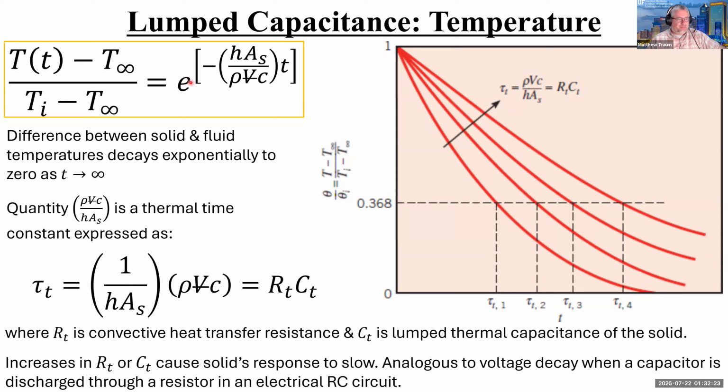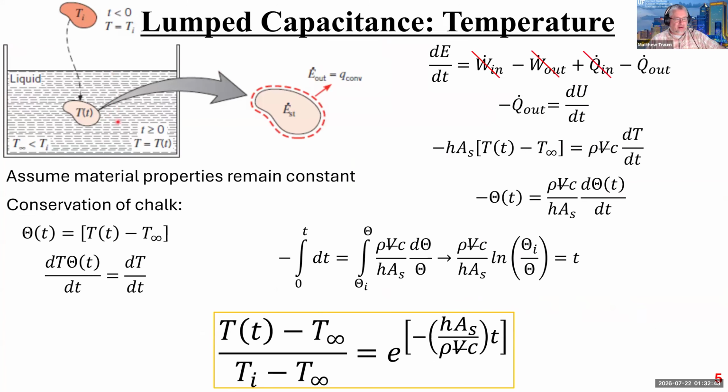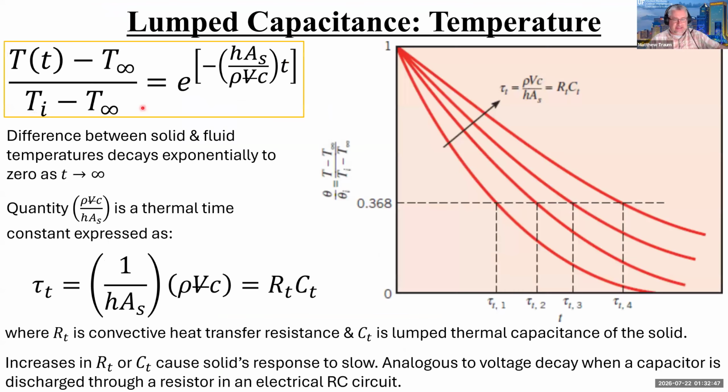So this guy comes over here and gets multiplied by 0. And then what you end up with is that T at some infinite time is basically equal to T infinity, right? Okay. Whew. Saved myself from a disaster there. So that works out fine. That's what you would expect if you have this object in this water bath for a really long time. Eventually it's going to reach the temperature of the water bath, which is exactly what the math says here as t goes to infinity. So that works out good.